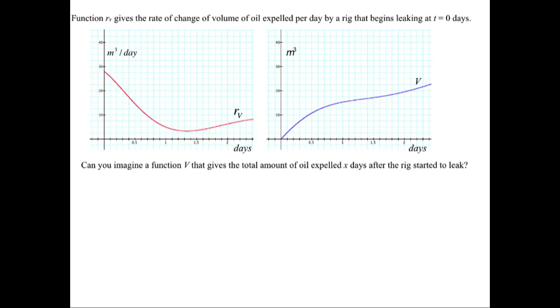In terms of the volume accumulating, how is the volume accumulating right around 1.8 days? Almost constant. So it's accumulating the slowest, right? It's accumulating the slowest of any time in this period of days.